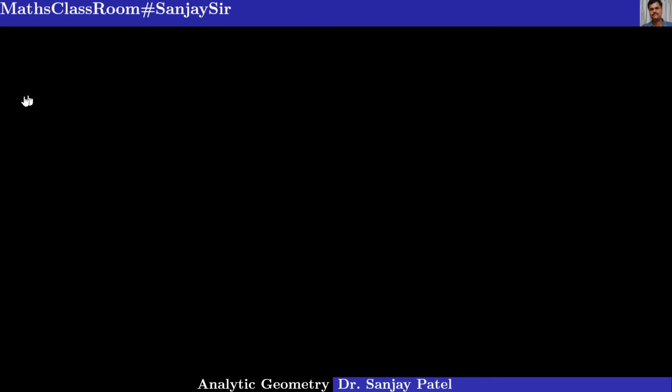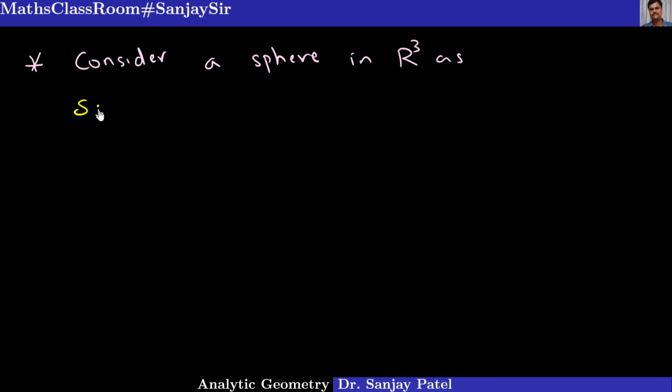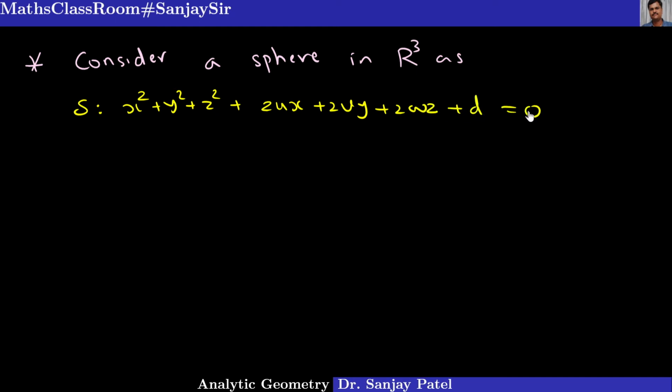So first of all, let me consider a sphere in R3 as this equation: x square plus y square plus z square plus 2ux plus 2vy plus 2wz plus d equal to 0.